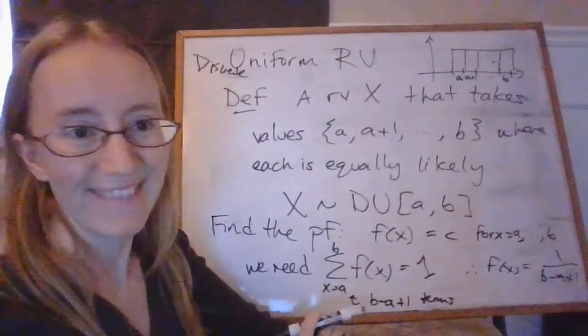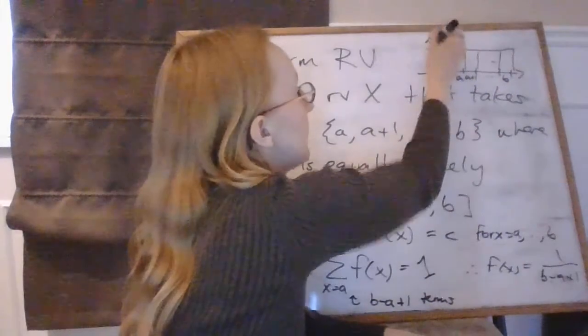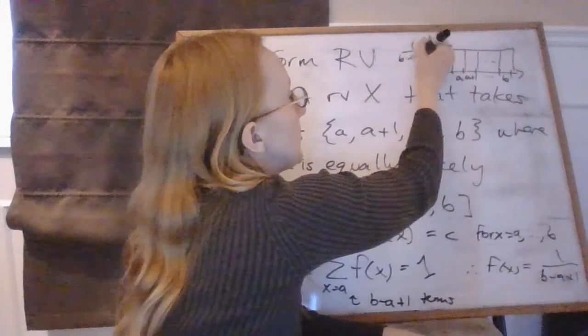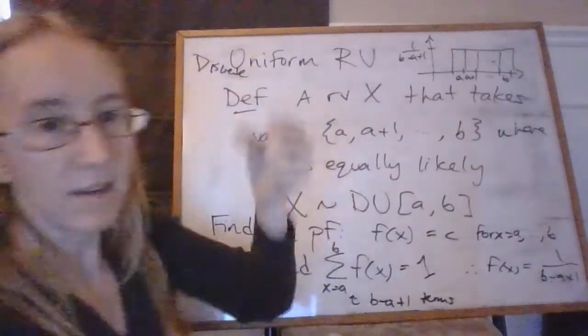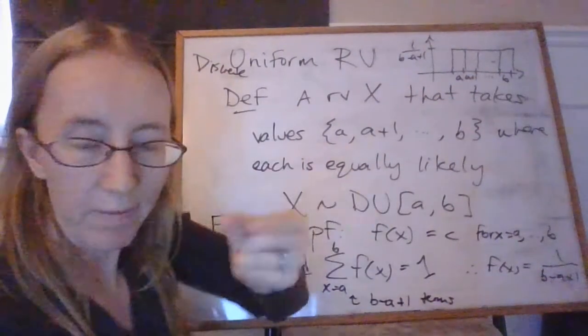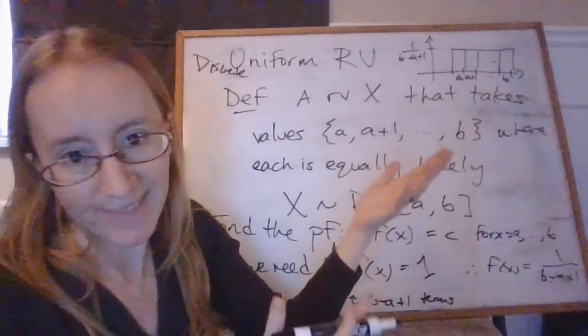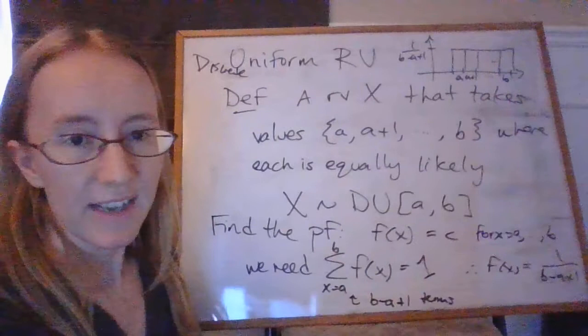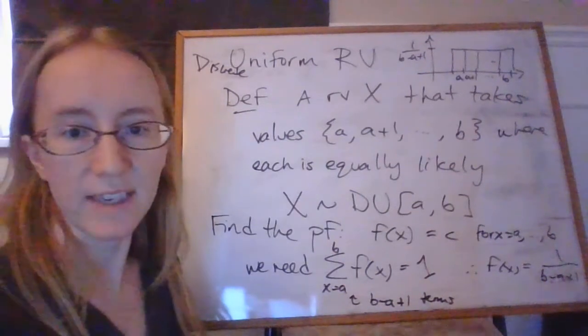Pretty boring. Looks like a cake that's been smoothed out nice and smooth. The height of this line here is 1 over b minus a plus 1. And each column, you can think about that as being of width 1. And so the area of that rectangle is 1. Kind of neat. So that's what the probability function of the discrete uniform random variable looks like.